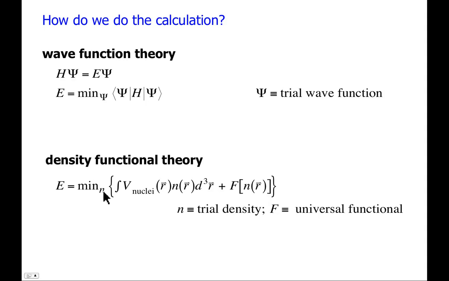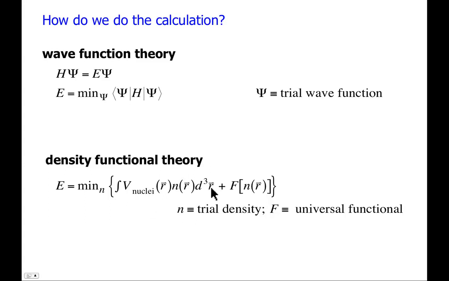And in DFT, what we say is, we're going to minimize, and this is now no longer an expectation value in the sense of an integral over all space, so I'll just put it in brackets, the energy. And how do we get the energy? Well, it's the interaction of the density with the nuclei. So there are nuclear charges that are positive, and they interact favorably with the density. And since the density is continuous through space, we have to integrate over all space.